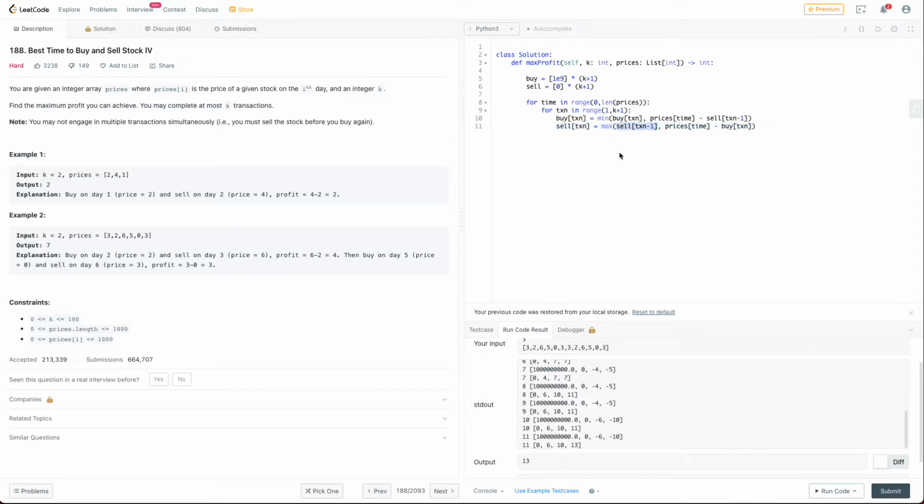So this says, well, if I cannot do better, then obviously this guy is going to be less than this, and they'll just keep the previous transaction and propagate that over. If I can do better, meaning the current price at this time subtracted by this adjusted with the cost basis, then I can go ahead and update this price now.